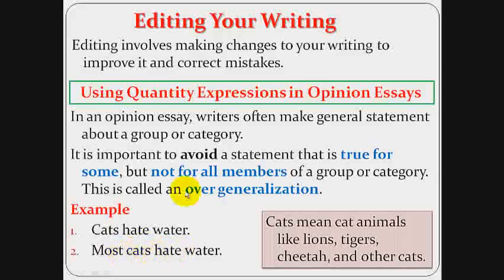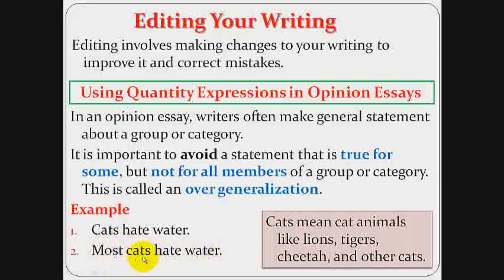This one uses a quantity expression. And the quantity expression that comes before the noun makes the general statement true. Most cats hate water. Most cats hate water. This statement now is completely true.